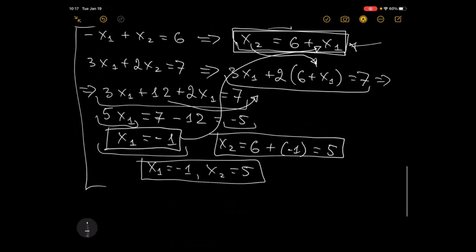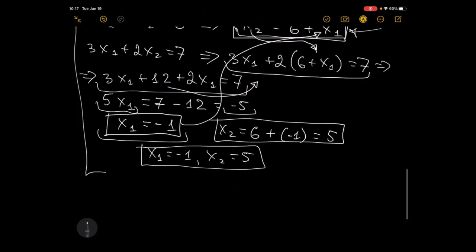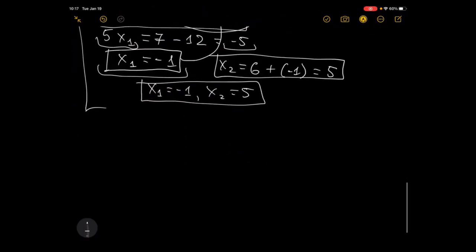And here I showed how to find the solution, okay? So now let us have a look at the following equation.